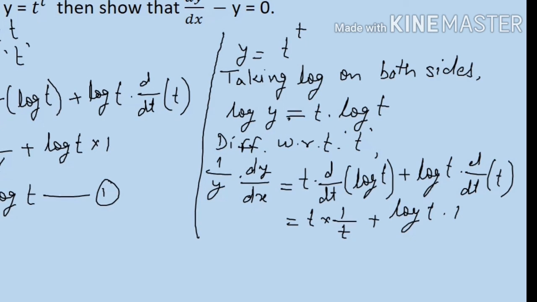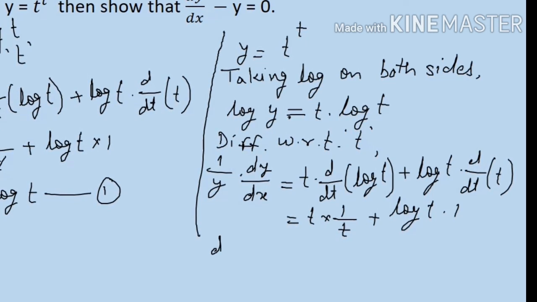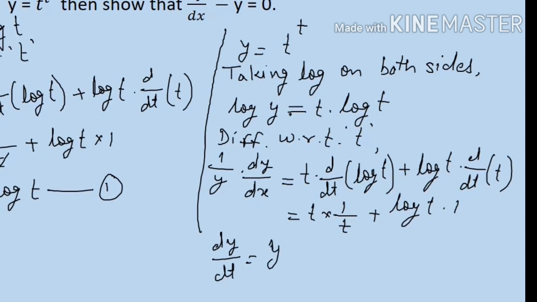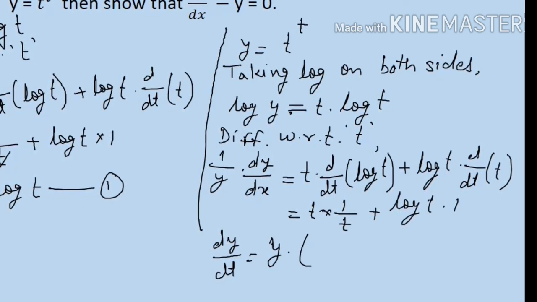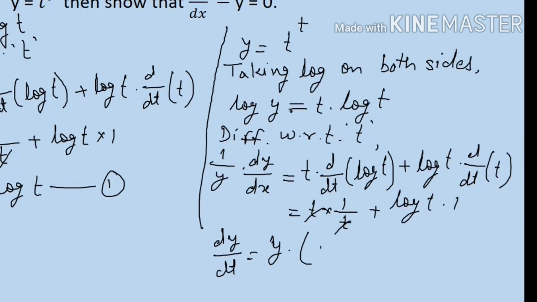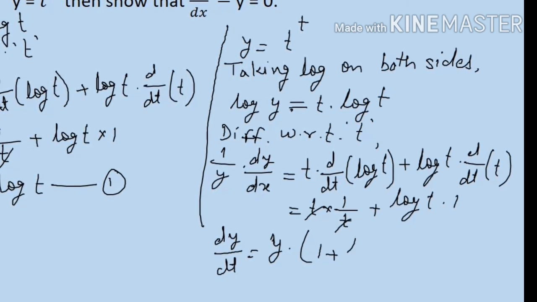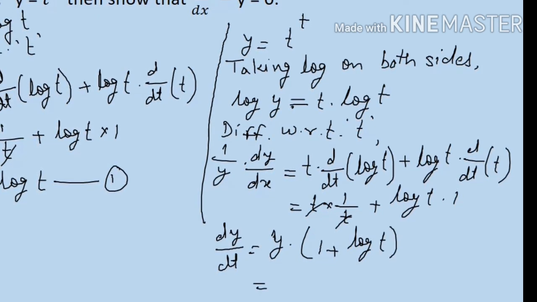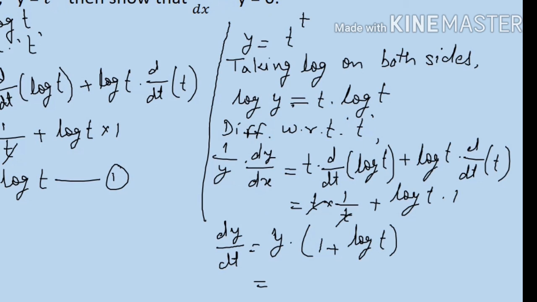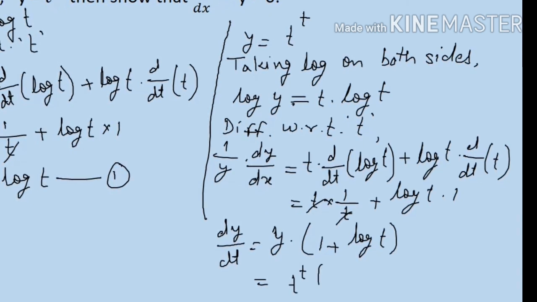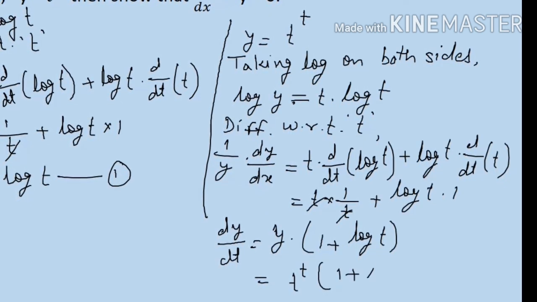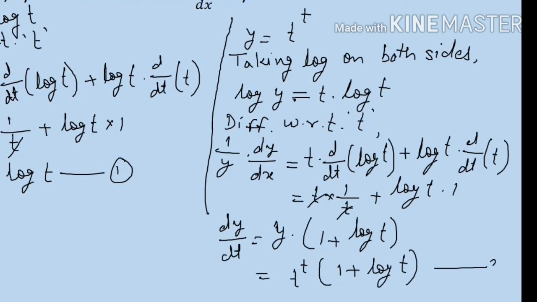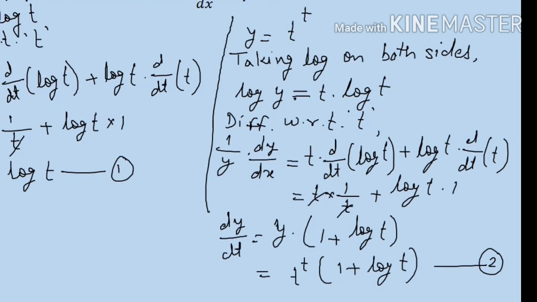Now you have to bring this y to the RHS. So dy by dt is equal to y into this, t into 1 upon t gets cancelled. So you get 1 plus log t. Now resubstitute the value of y. Y is t raised to t. So t raised to t into 1 plus log t. This is the second one, dy by dt.